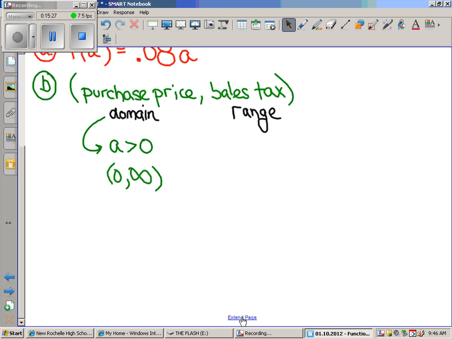Let's do C. Find the sales tax when the purchase price is $5.